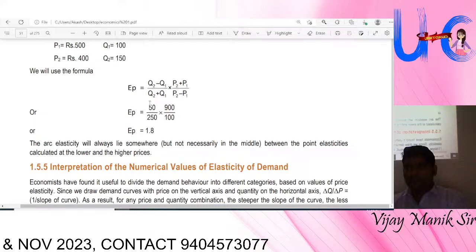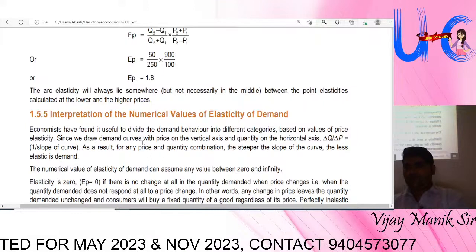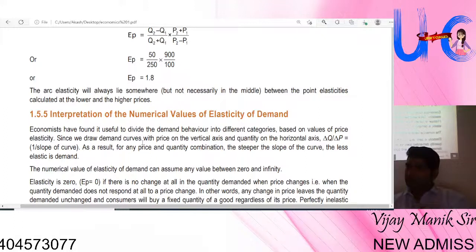And now interpretation of numerical values of elasticity. You know very well that what we have studied, that table, that schedule. Okay, perfectly inelastic. Okay, elastic, then inelastic, then perfectly elastic. Okay, unitary. So these things are there.